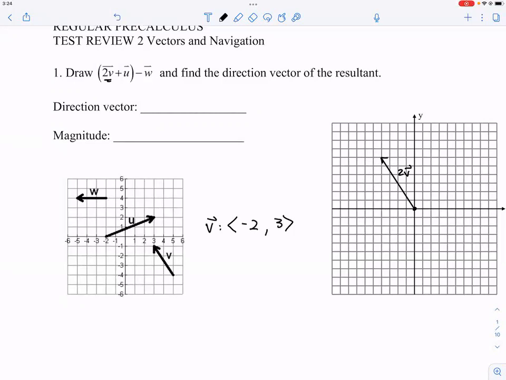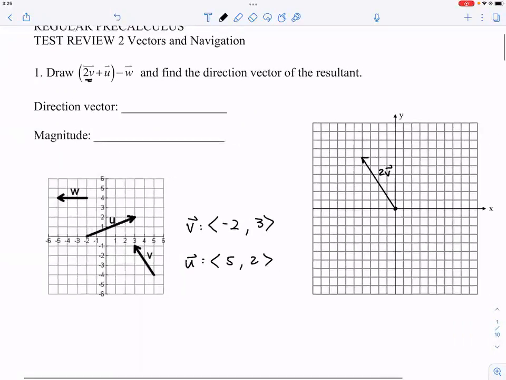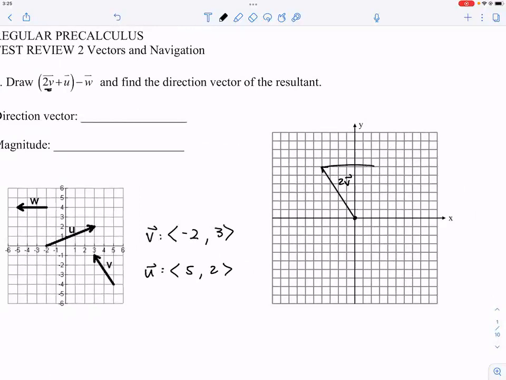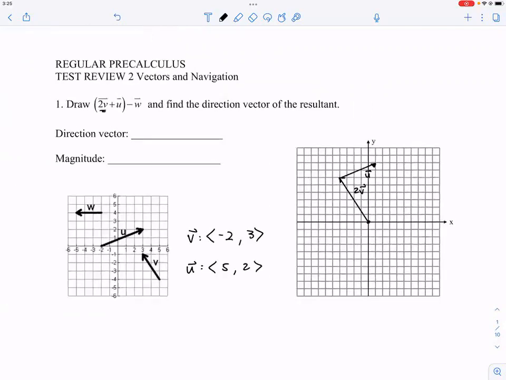And then I have to do the plus U. My U vector, what is it? From -2 to 3. So moving to the right for 5 units and then moving up for 2 units. So I'm going to move to the right for 5 units and then up 2 units. So that will be my vector U, okay?